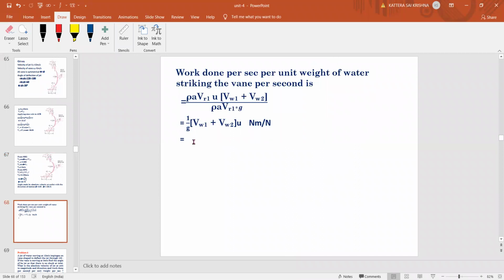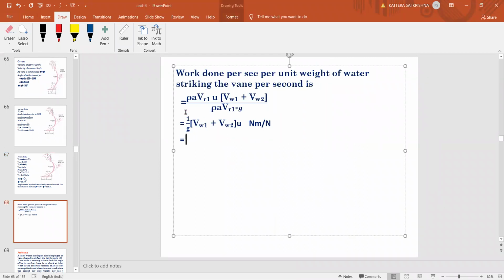Then U value is already given, 5 meters per second, divided by 9.81. Just tell me the value. 9.072.